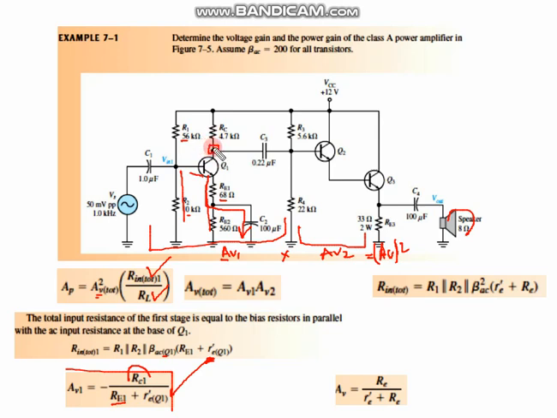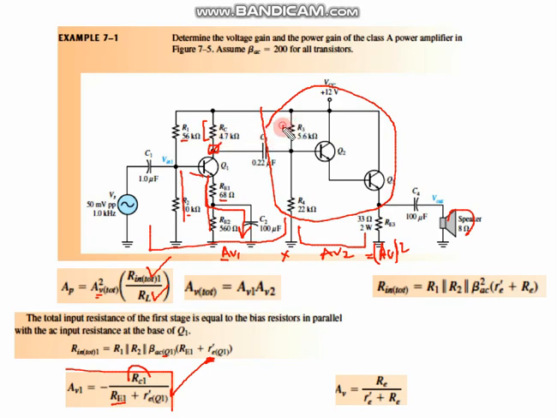So how can you calculate RC1? RC1 would be the resistance connected at the collector point. RC is one resistance connected to the collector of the transistor, and then you need to find the equivalent resistance of this network, which will be parallel to RC.